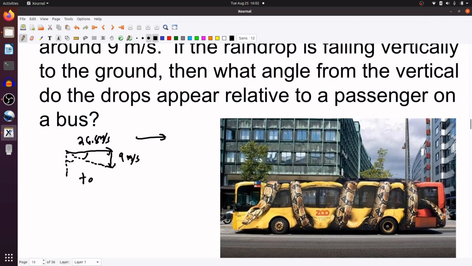It's a rather simple problem relative to the next one, I think. So take the inverse tangent of 9, don't need units, over 26.8. So I take 9 divided by 26.8, take the inverse tangent of that, and I get 18.6 degrees.